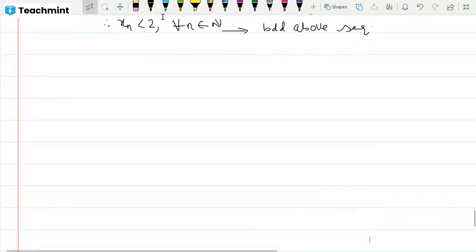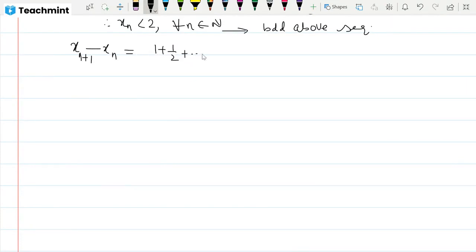Okay. Now I am going to show the increasing of the sequence. I am calculating xn plus 1 minus xn. So this is 1 plus 1 by 2 plus so on, 1 by 2 power n plus 1 by 2 power n plus 1. This is xn plus 1, minus xn, which is 1 plus 1 by 2 plus 1 by 2 square up to 1 by 2 power n.